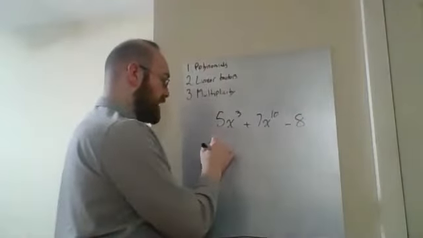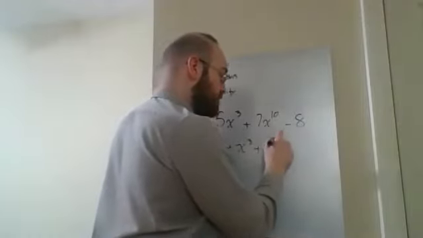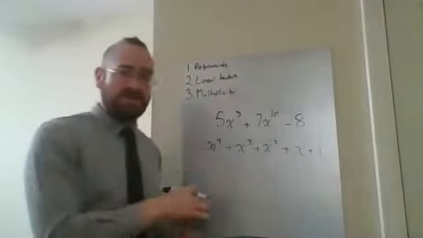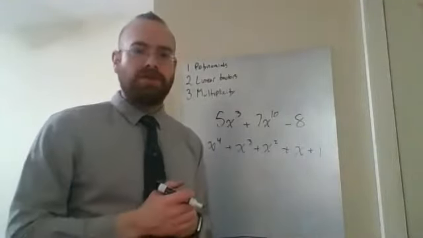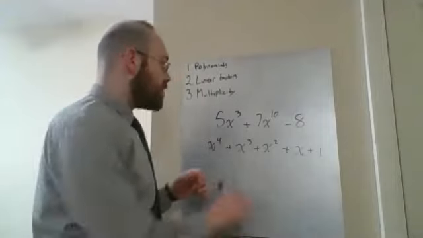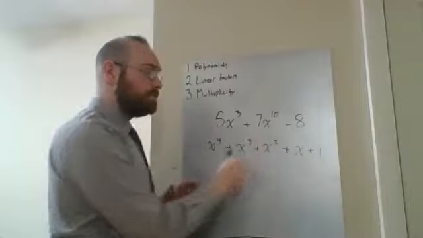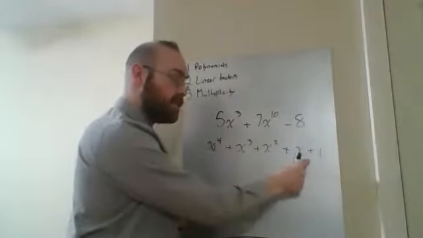We might have x to the fourth plus x to the third plus x to the second plus x plus 1. And these are just examples. You could literally imagine an infinite number of polynomials. And they're all sums and differences of powers of x that may have coefficients or might not have coefficients.